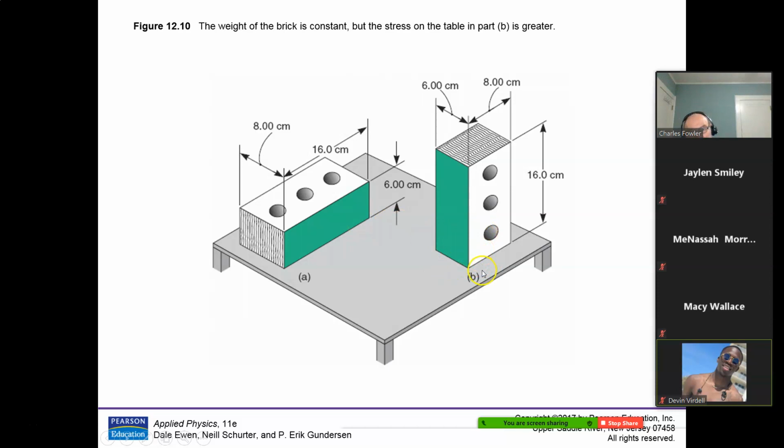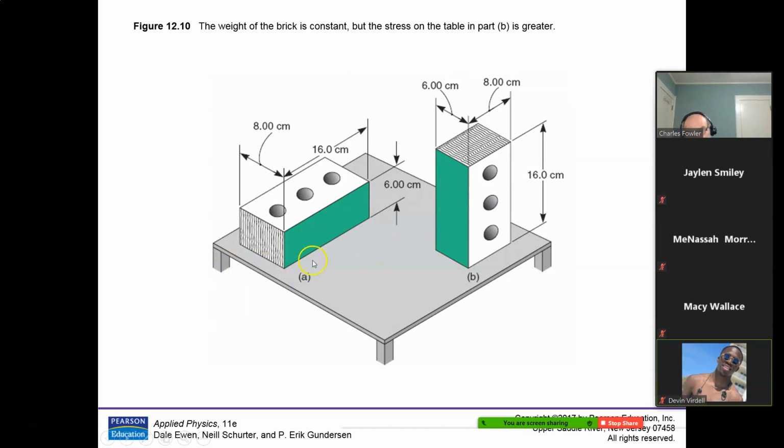938 pascals here, 2,500 pascals here. Same force, the brick has the same force down, gravity is the same, but the surface area is less, so you're dividing by a much smaller number than you divided by here. That gave you a stress of 2,500 pascals, or 2.50 kilopascals.